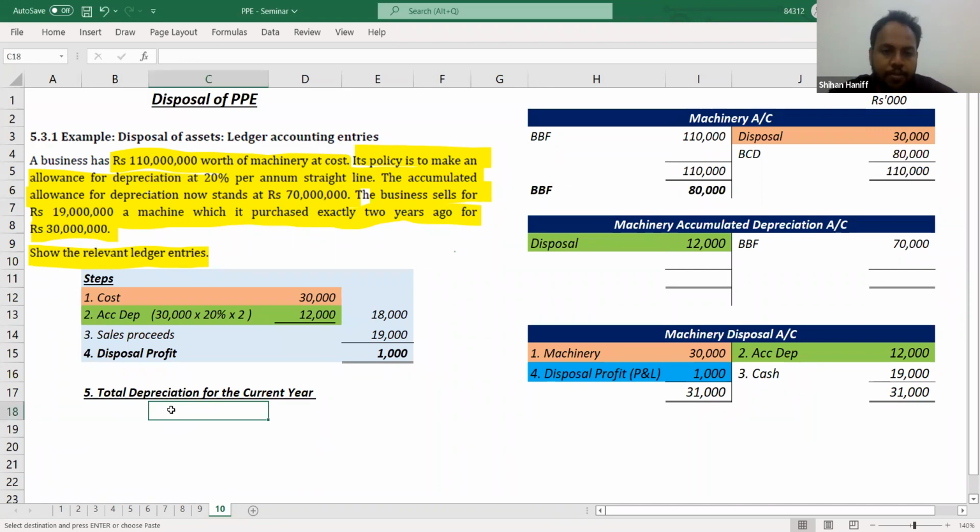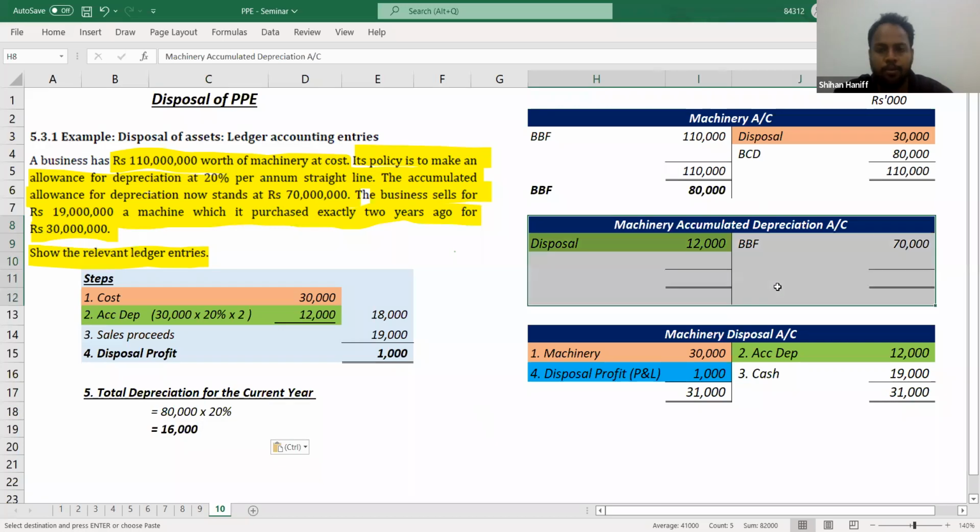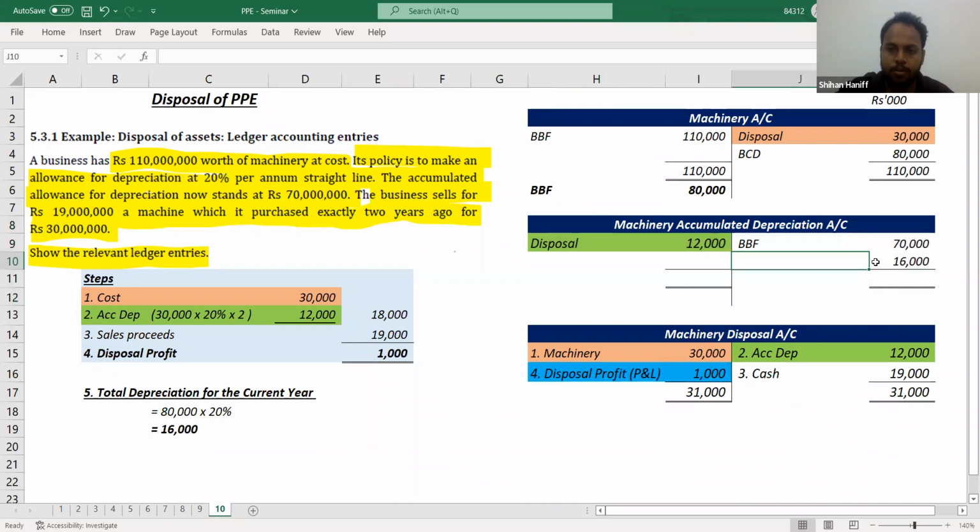Current year depreciation is 16,000. So that goes to the accumulated depreciation account credit side, 16,000, and P&L depreciation.